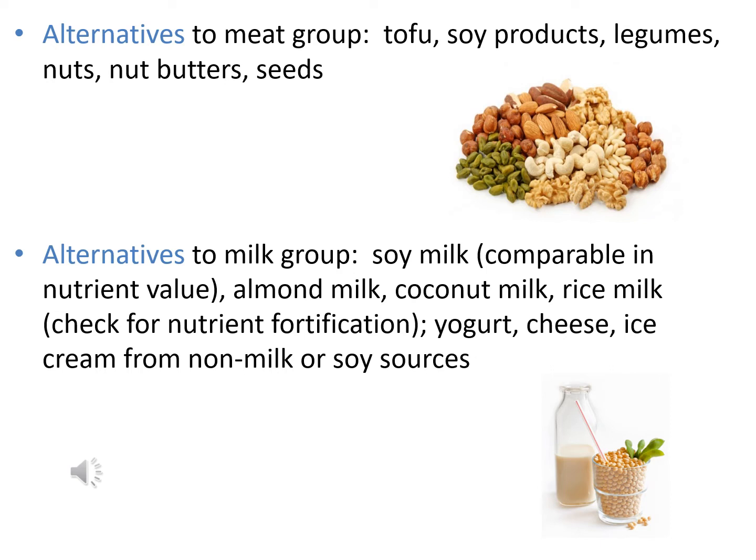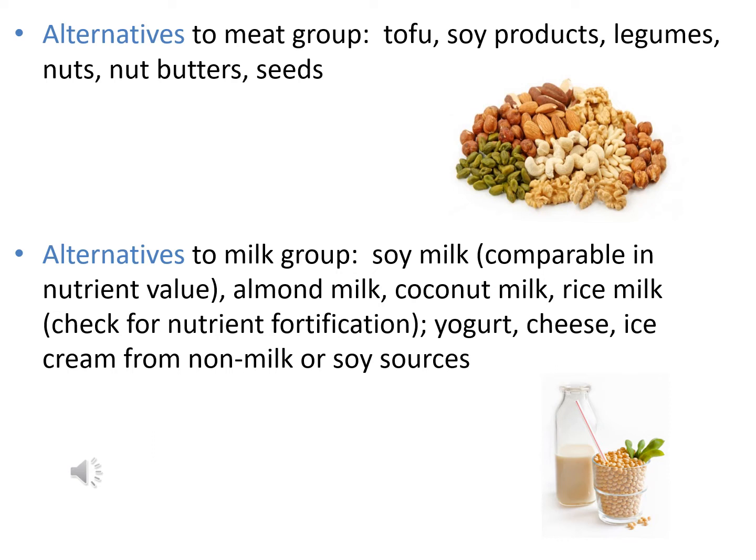Other alternatives, coconut milk, rice milk, almond milk can be used also. However, with that particular group, you really need to look at the label, because what you might often find is that they tend to be extremely low in protein content. So they may not be the best substitution if you're focusing on protein intake.